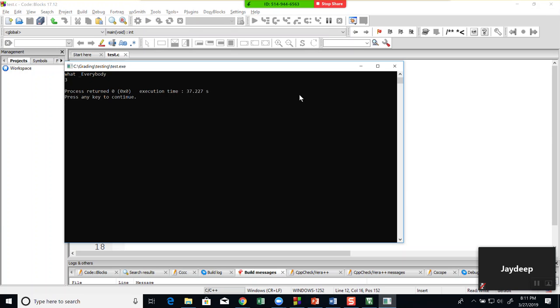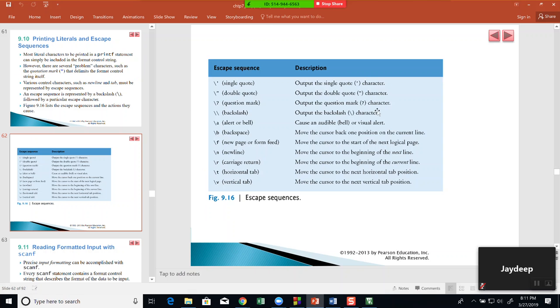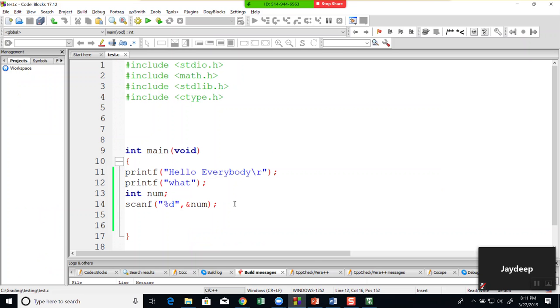Horizontal tab moves to the next horizontal tab stop. Vertical tab moves to the next vertical tab stop. And backspace moves the cursor back 1 position on the current line. That's a slash b. So I could have this right here, and I won't go to the next line there.